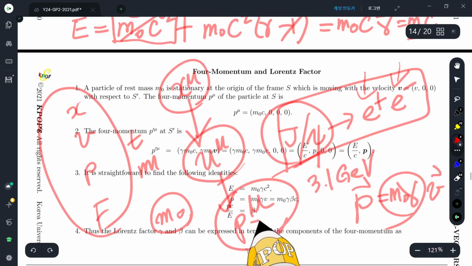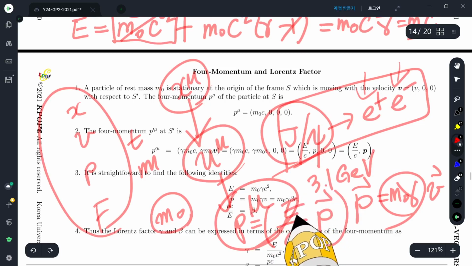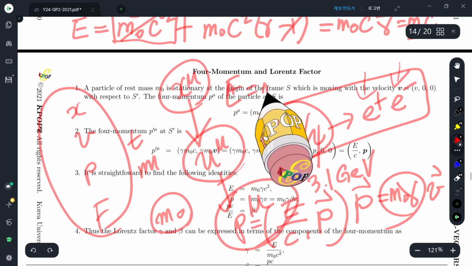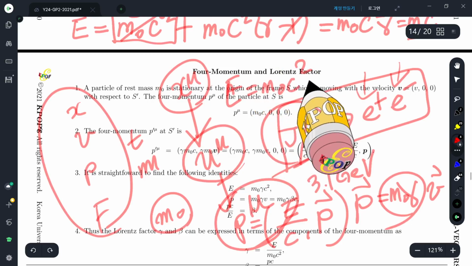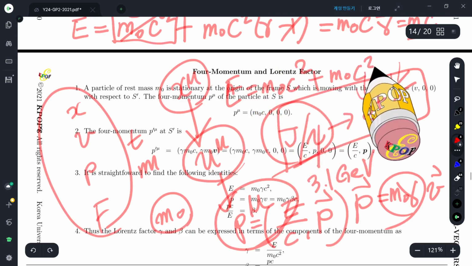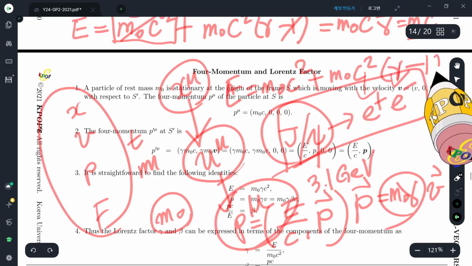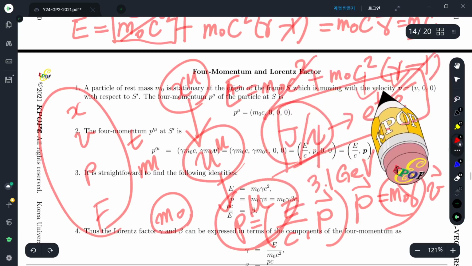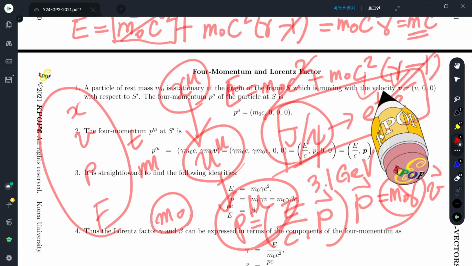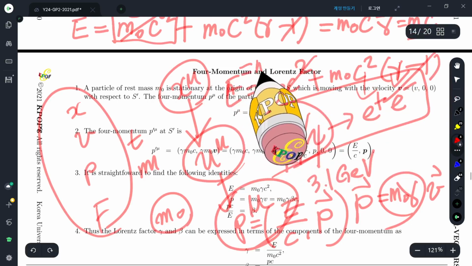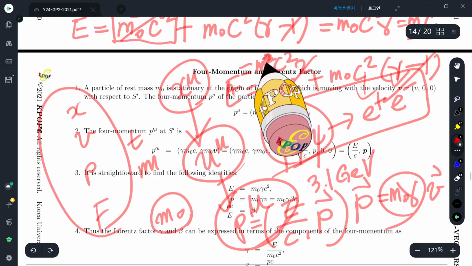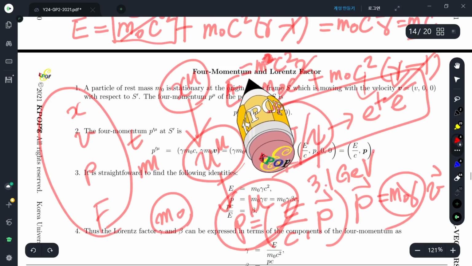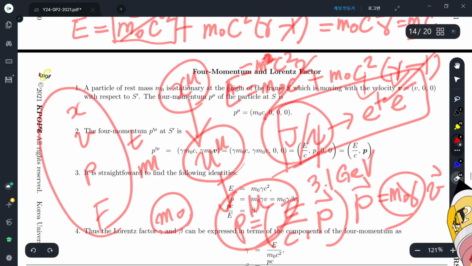And the zeroth component, the time component, is now understood to be the energy over the speed of light, and that energy is the rest energy m0c squared plus kinetic energy. Kinetic energy is m0c squared (gamma minus 1), and the rest energy cancels to give m0c squared gamma. That is mc squared, where m is the mass depending on the speed of the particle. Thank you.